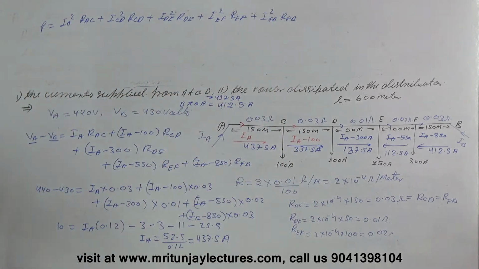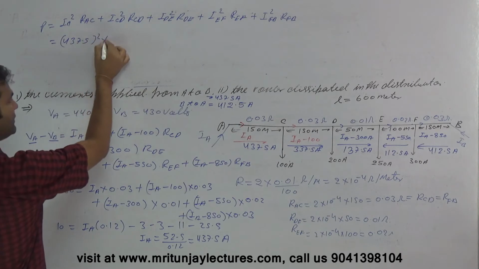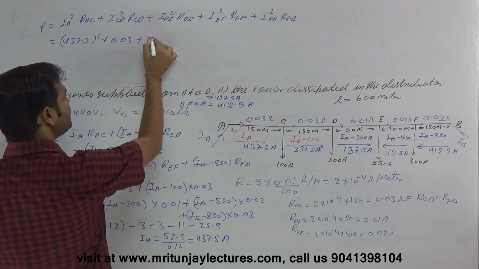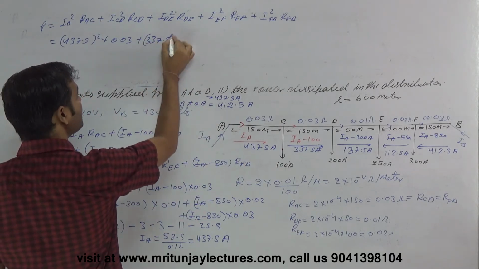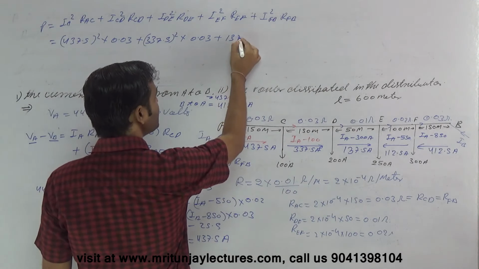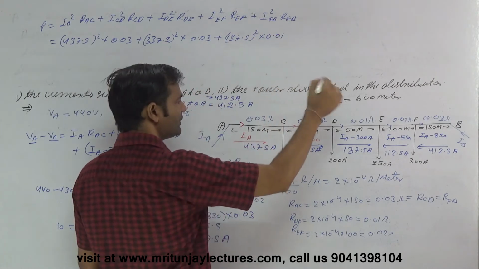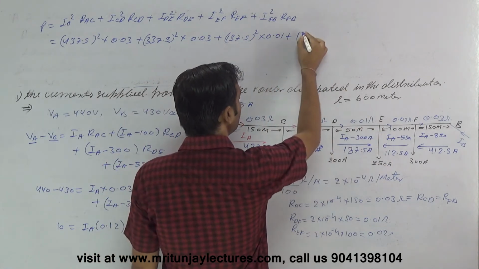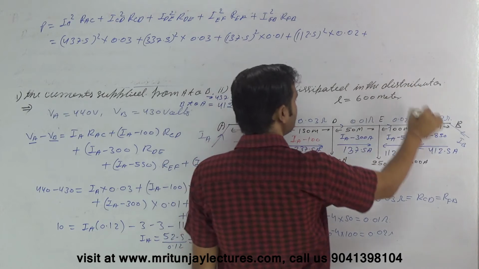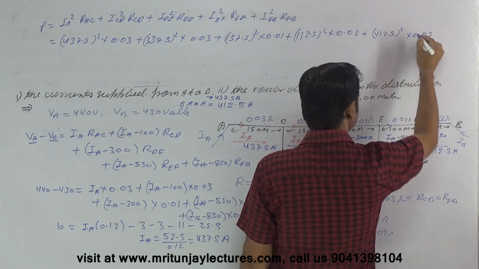Clear? Now IA, that is 437.5 to the whole square into 0.03, plus CD, that is 337.5 to the whole square into 0.03, DE 137.5 to the whole square into 0.01, now 112.5 to the whole square into 0.02, plus 412.5 to the whole square into 0.03.